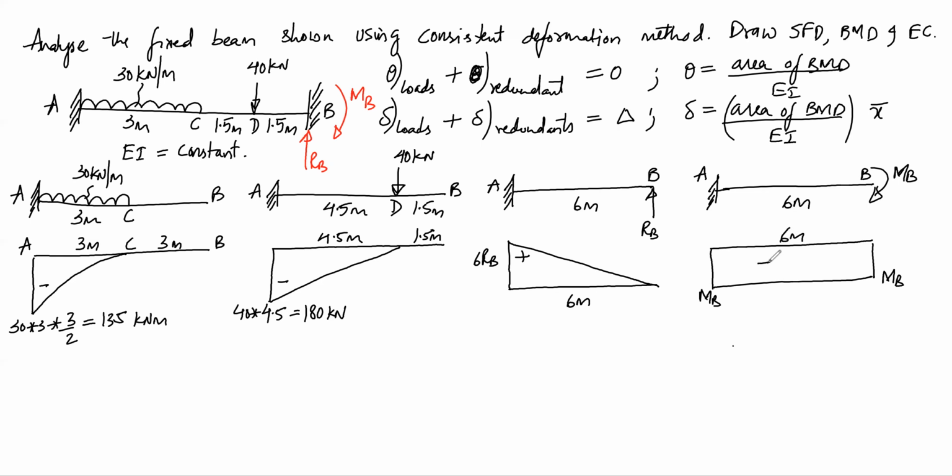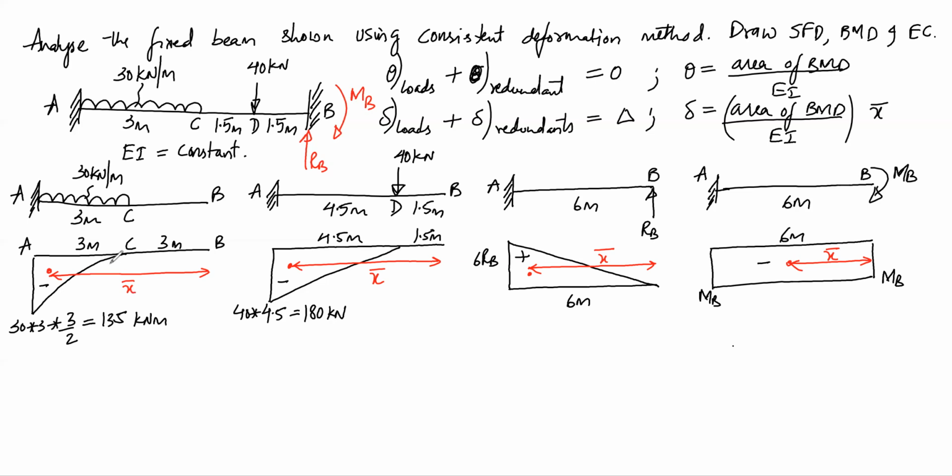So these are the bending moment diagrams for each of these cantilever beams. And we have to consider the centroidal distance from the centroid till the redundants for each of these BMDs. So these are the centroidal distances.